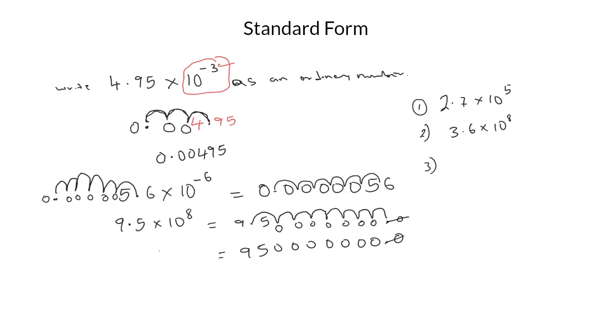And the third should be 5.6 times 10 to the power of minus 6. Let me change that and give you something simpler, not too bothering. Let's say to the power of minus 2.